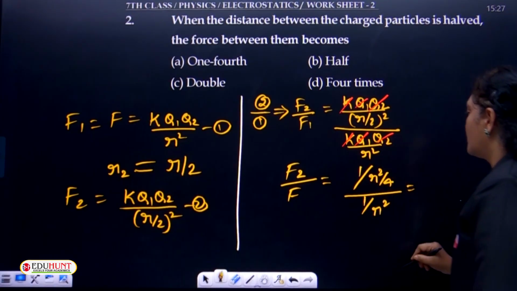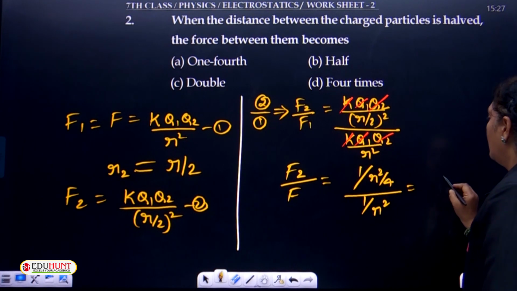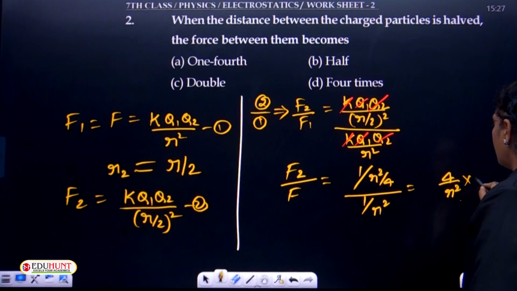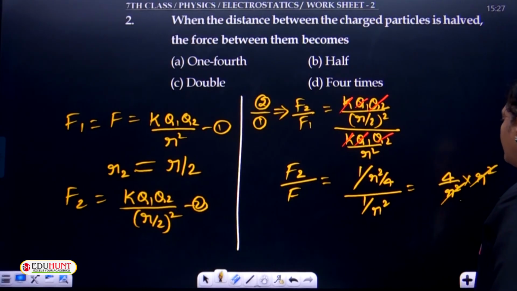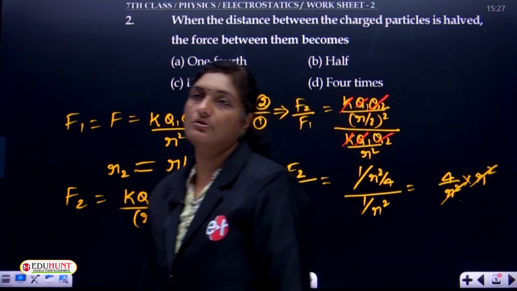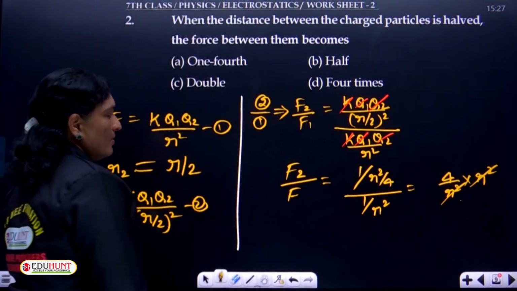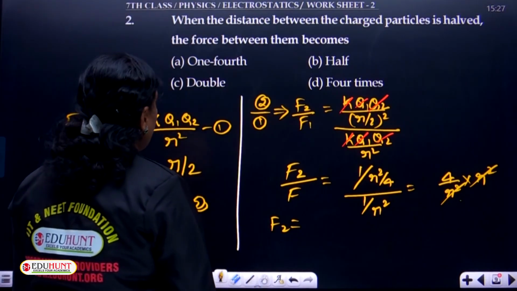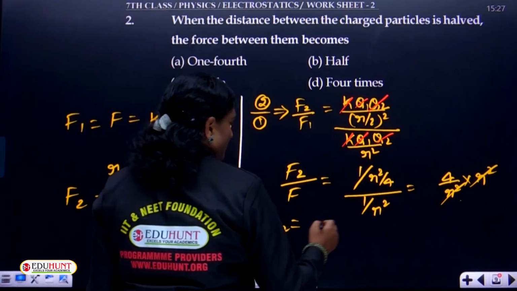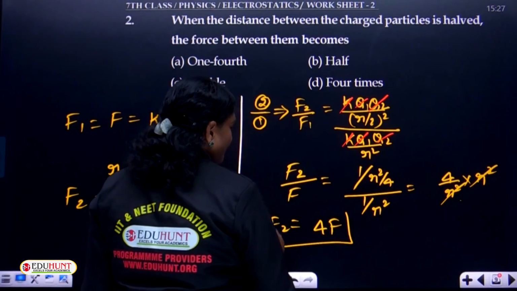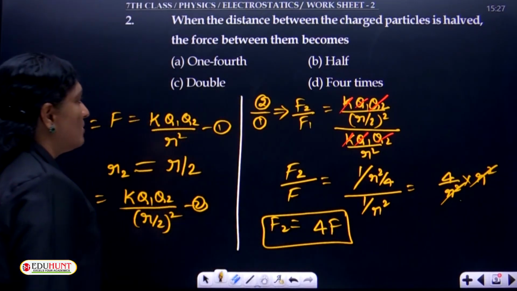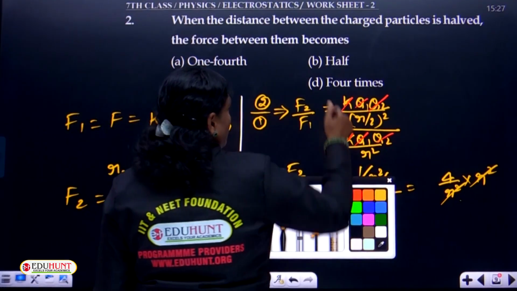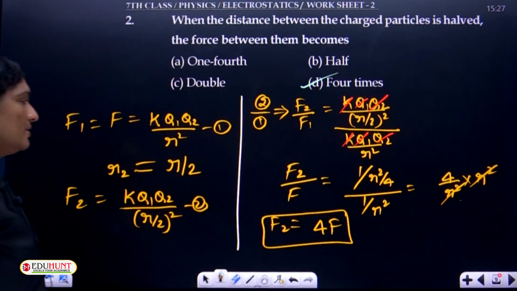So this is equal to 4 by R square into R square. So clearly F2 by F is found to be 4, or F2 is equal to 4 times F. Hence, the correct option is option D, that is 4 times F.